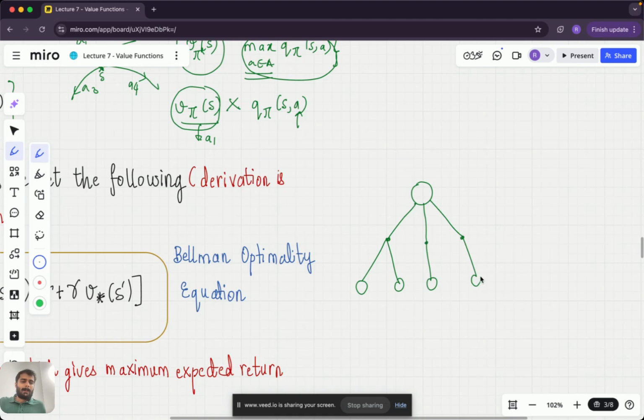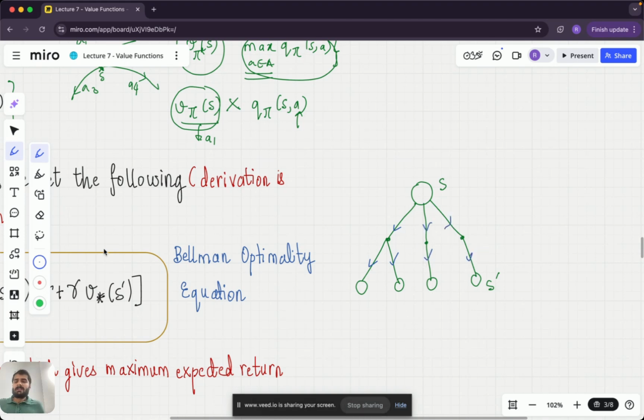So let's say this is S, and all these possible next states are represented by S dash. Now, what we are saying in this Bellman optimality equation is that for all the paths which you see in this backup diagram, this is first path, second path, third path, and fourth path.